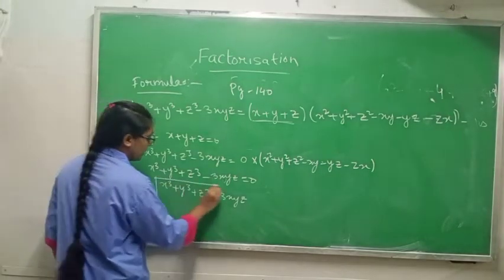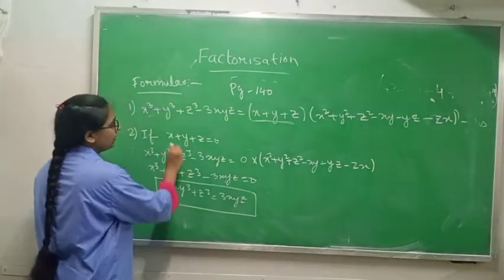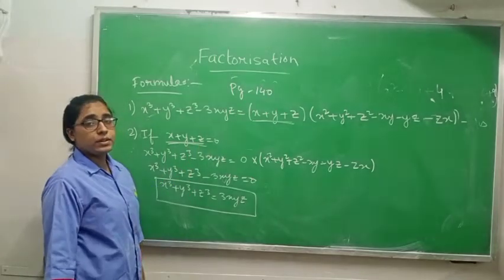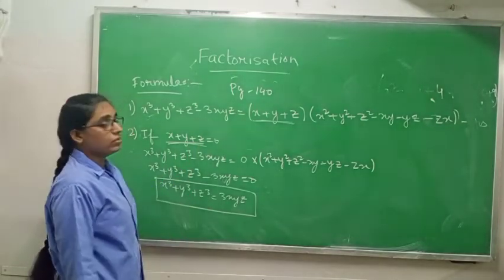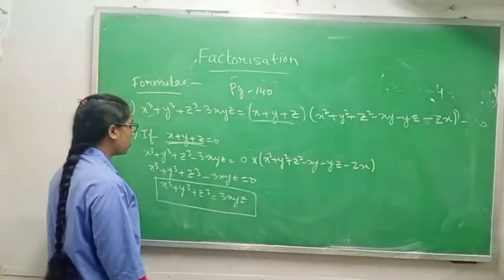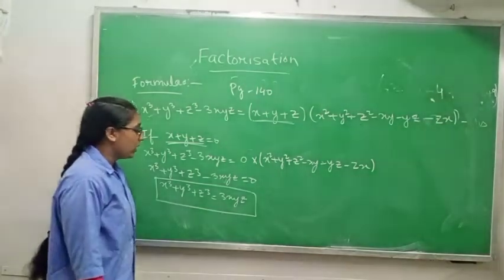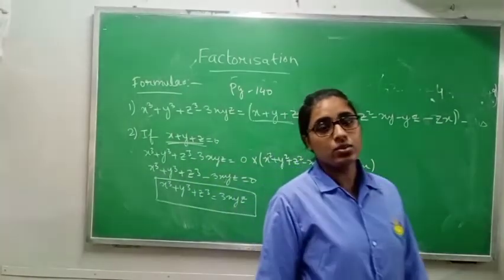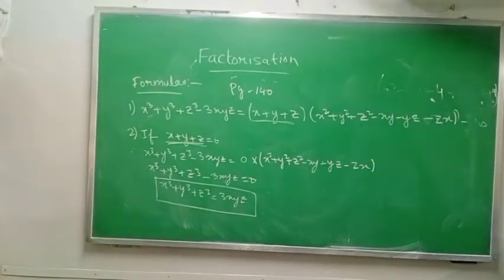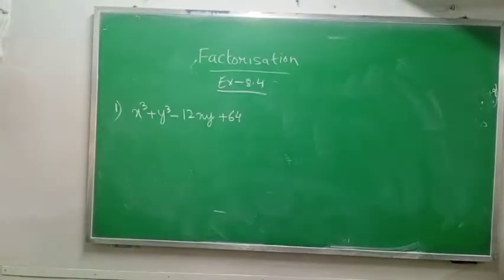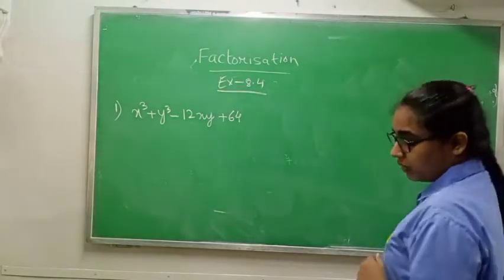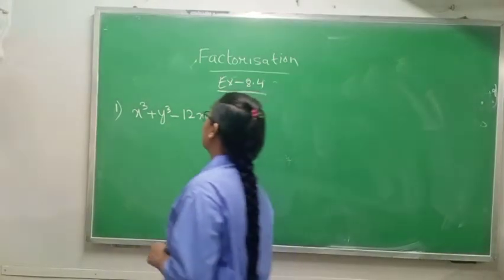So please learn this one: when x plus y plus z equals 0, then x cube plus y cube plus z cube equals 3xyz. Copy this one.